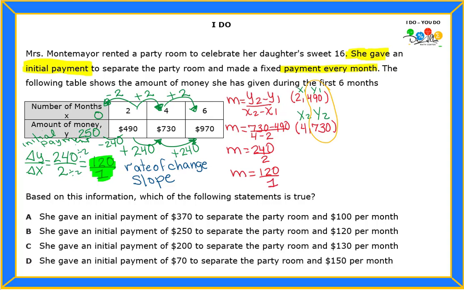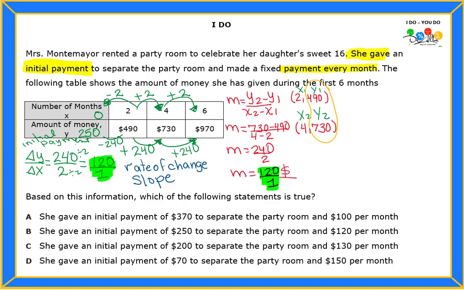And I want you to notice those numbers right now. Isn't that what I got earlier for my constant rate of change? I believe that one of the things that can really help you is if you write labels here. For example, 120 is coming from the y. The y is money, so I'm going to write down money here.